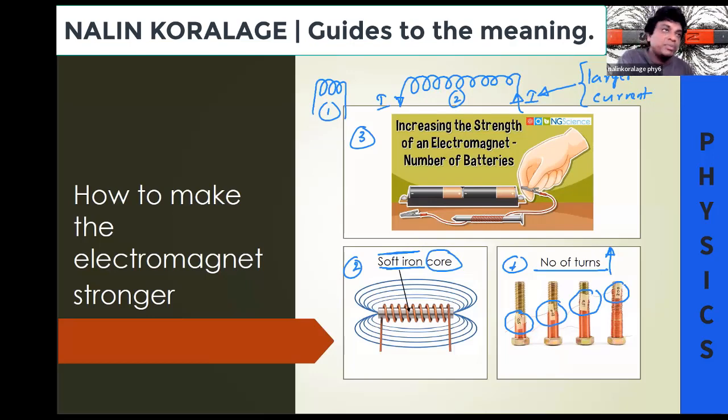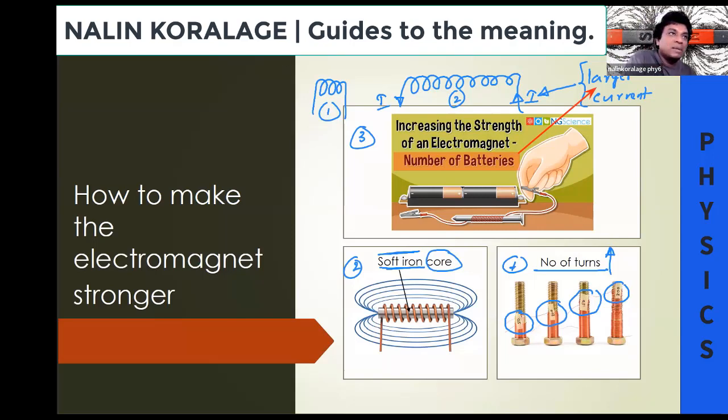Okay, so those are the main methods by which we can increase the strength of the magnetic field of an electromagnet. Now, in the top figure, they say increasing the strength of an electromagnet, and they have specified something we better take into consideration. They have specified the number of batteries. What we are going to do by increasing the number of batteries is increase the current.